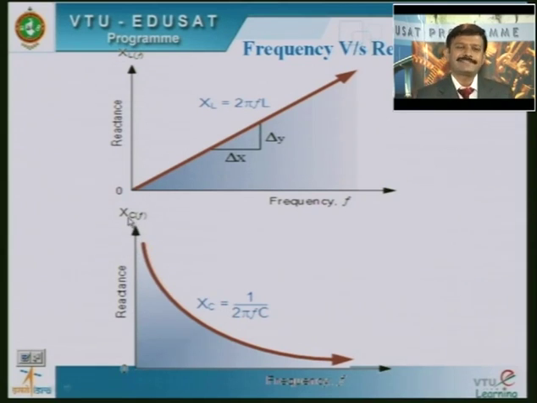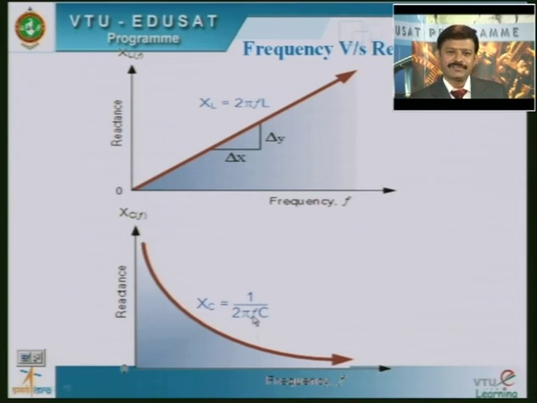Here XC, capacitive reactance, is taken on the y-axis and frequency on the x-axis, and the expression for XC is equal to 1 by 2 pi fC. With respect to the expression, frequency is inversely proportional to capacitive reactance. It is exactly opposite to the earlier.